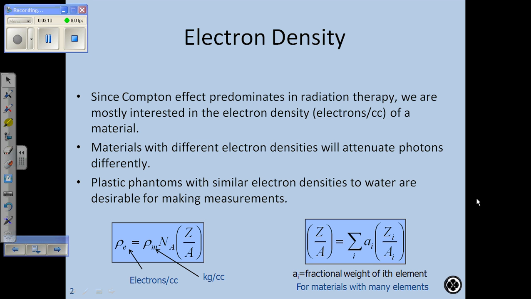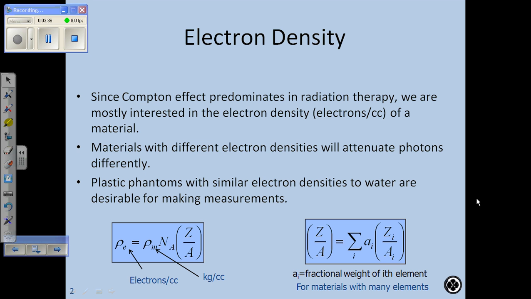Also, you can think of it as even just mass. Something that's heavier is going to attenuate more than something that's lighter, because of the density of the material. And then you can also say, well, the atomic number has to do with that too. But in effect, what we're looking at is electron density, because the Compton effect depends on how many electrons per cc are in the material.